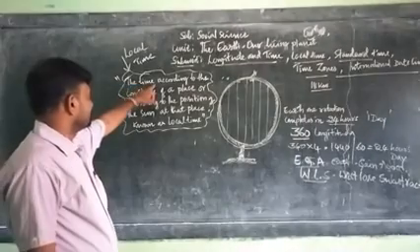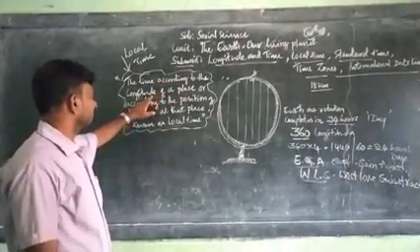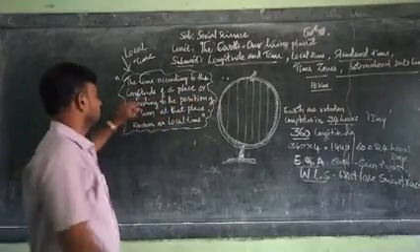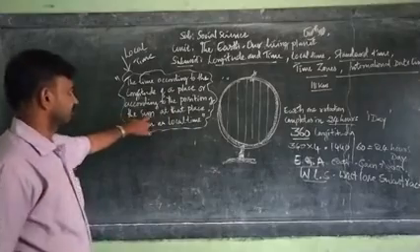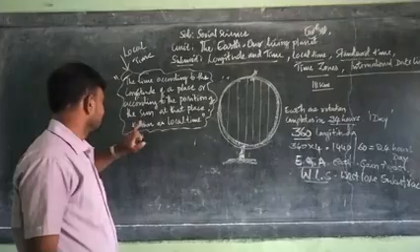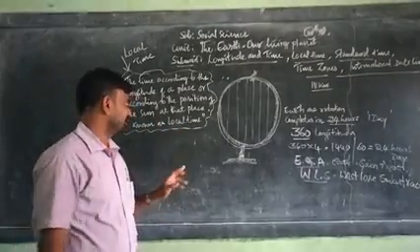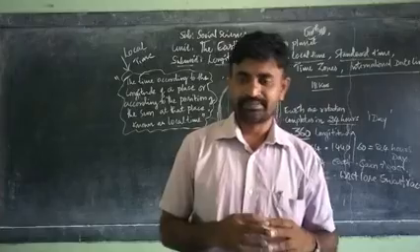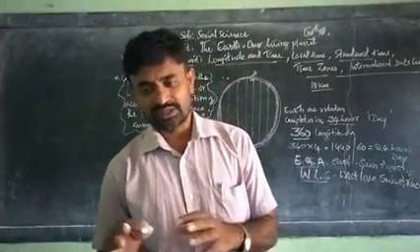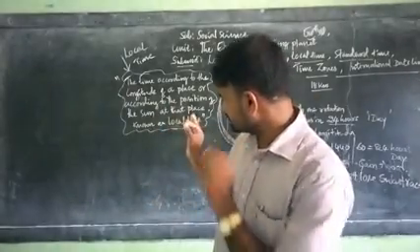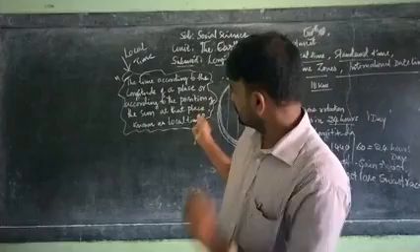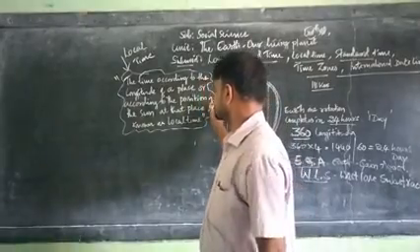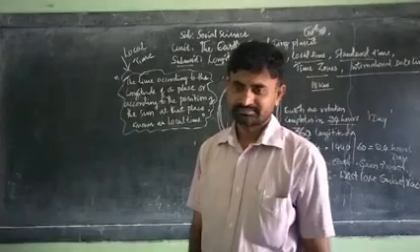The local time means the time according to the longitude of a place, or according to the position of the sun at that place. Dear friends, this is based on the local meridian passing over the place. On that basis, we can identify the local timings.